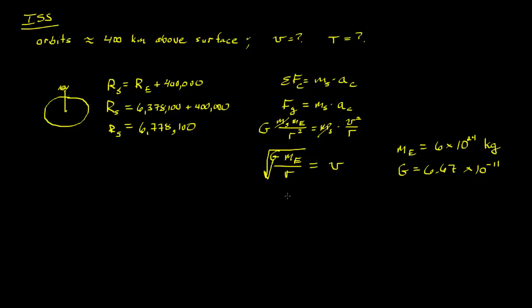You plug all those numbers in, and you get a velocity of approximately 7,686 meters per second, which is 7.686 kilometers per second. So every second it travels over 7 kilometers.